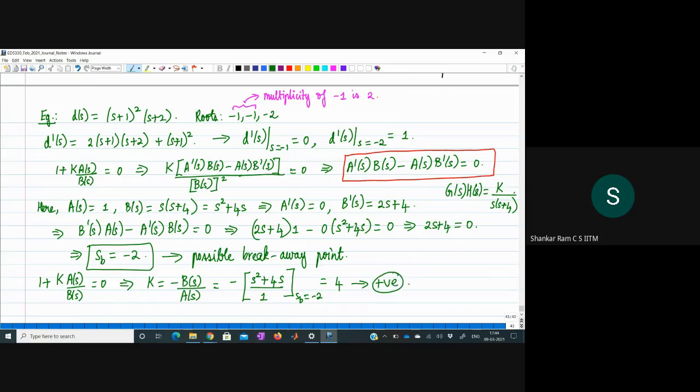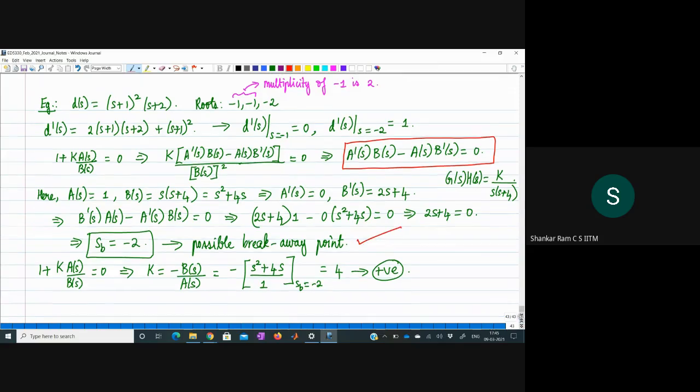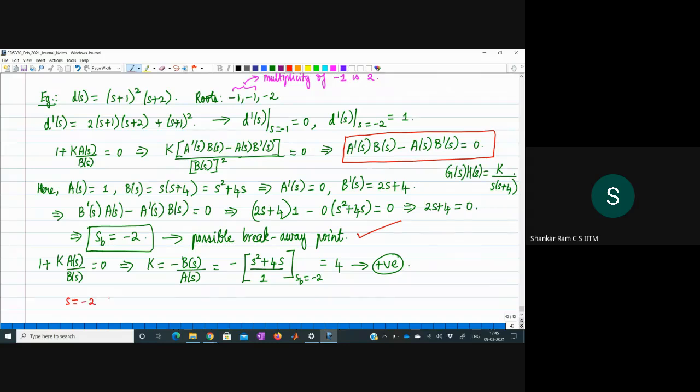So consequently, this is a breakaway point. So s equal to minus 2 is a breakaway point at which k is equal to 4.